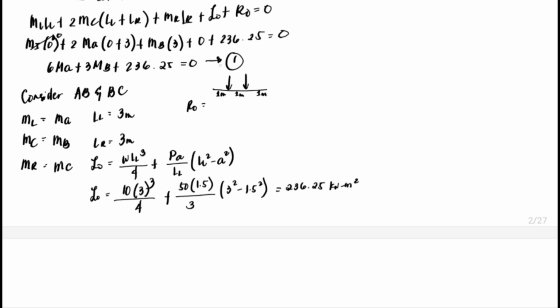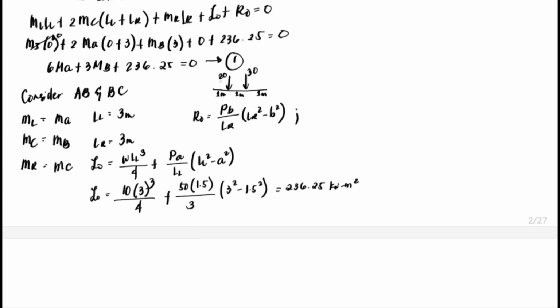Yung load naman dito, we have 20, tapos ito ay 30. Ngayon po, since right span tayo, paano natin i-consider yan? Ang pagkuha ng load factor on the right side is PB over LR raised to 2 minus B squared. Lahat po dapat is on the right side.